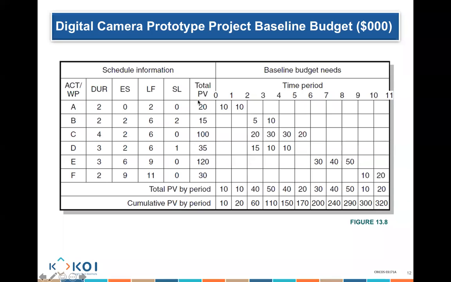So this total plan value is really an addition of: I am planning to spend $10 in period 1 and $10 in period 2. That's 20. I'm planning to finish 5 and 10. That's 15. This is a plan. So when I finish planning and save my baseline, I know what my plan value is for the whole tasks to be completed. Does that make sense? Yes, sir.